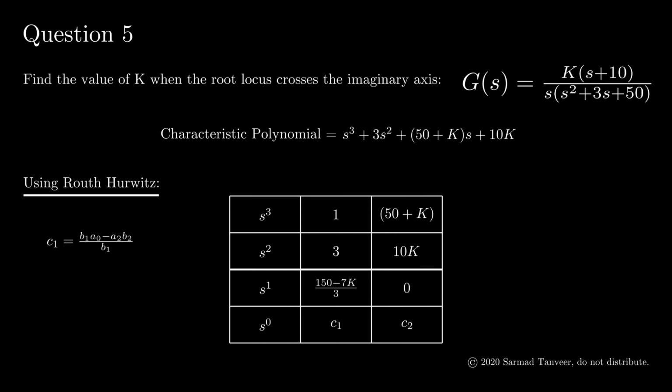For c1, we use the same procedure to obtain a final value of 10k. c2 is simply 0 because the third column of our table is empty.